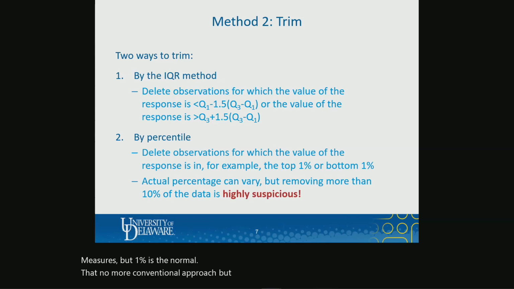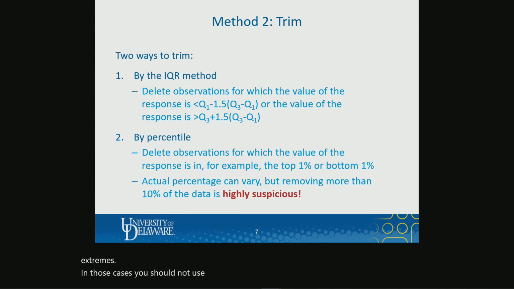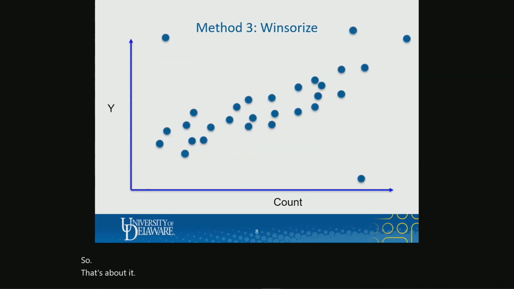But if you use percentile and you lose a large portion of data, that means there is a problem. Maybe your data is so skewed that you have a lot of data in the extremes. In those cases, you should not use just percentile. You should use the IQR method. So that's about it.